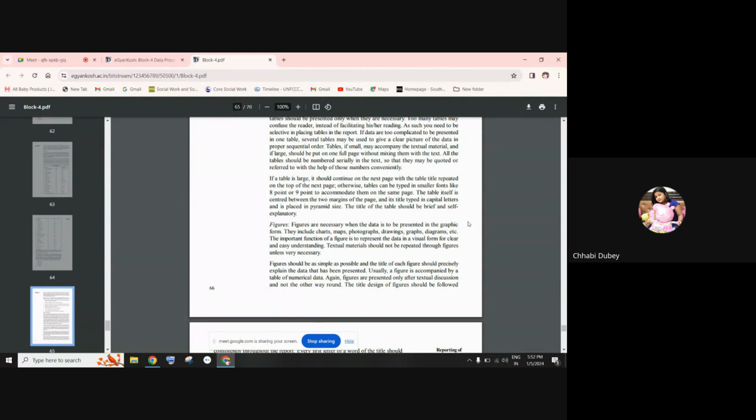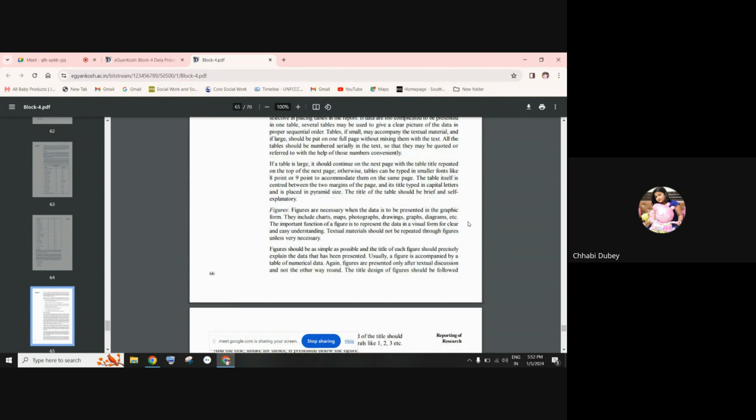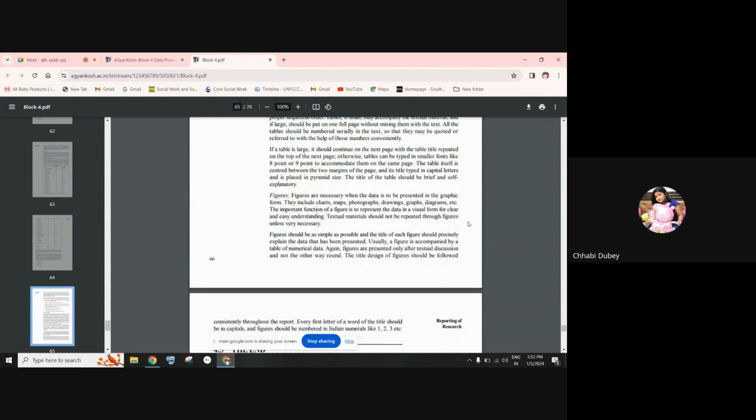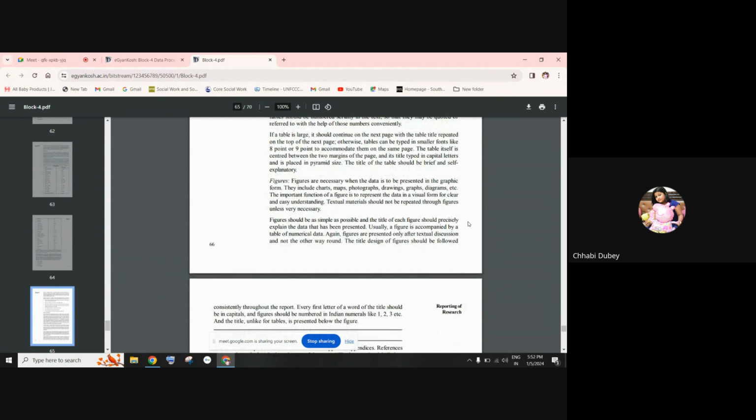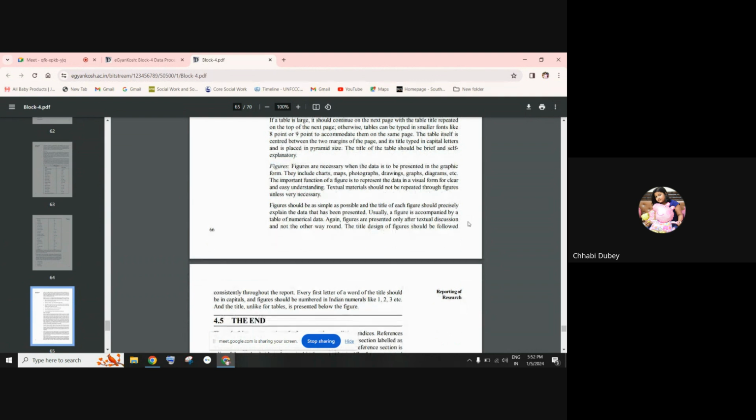Now many times we are also using different figures. These also must be represented in graphic form. So whatever other figures we are using, like charts, photographs, drawings, graphs, diagrams, etc., help us to represent the data in a visual form. These materials must not be repeated through figures unless it is very necessary.